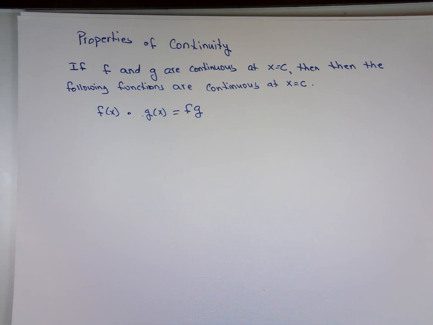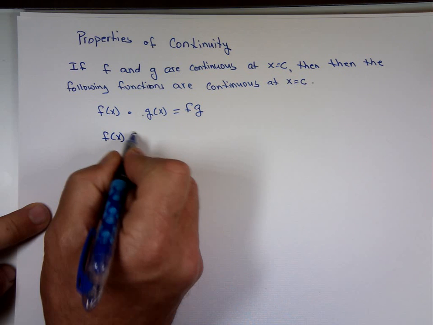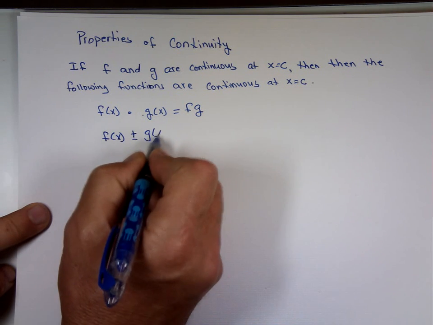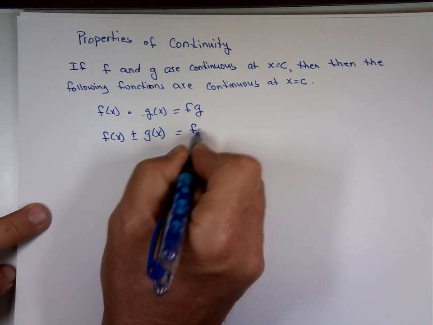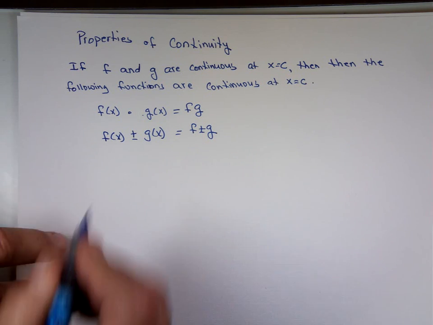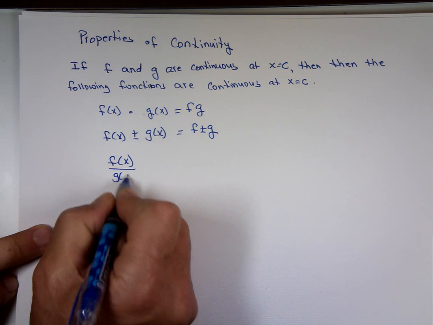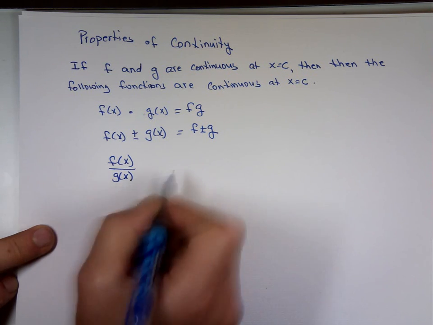If you add them or subtract them, doesn't matter which one you do, it's also continuous at c. If you divide them, as long as g is not 0, because you can't divide by 0, it is also continuous.